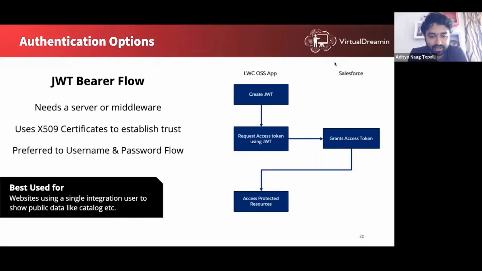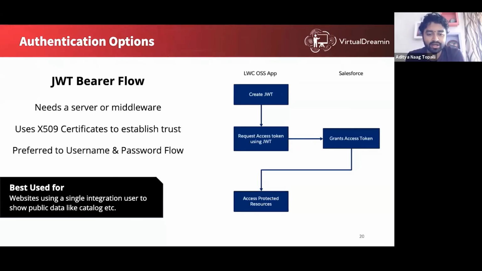Now coming to the other flow, that is the JWT bearer flow. So the first thing that you saw when you needed a single integration user was SOAP API. But the drawback with that, even though you can use a single integration user, you're essentially hard coding or putting your username and password in a text file or a configurable environment variable, which is again not tamper proof, which is why you'll have to do the JWT bearer flow, where essentially you create a JSON web token.